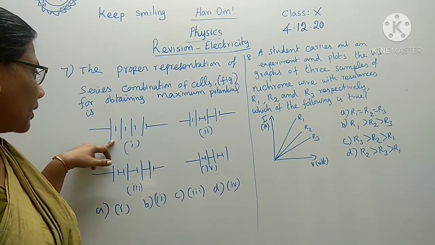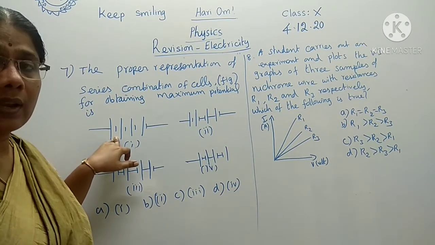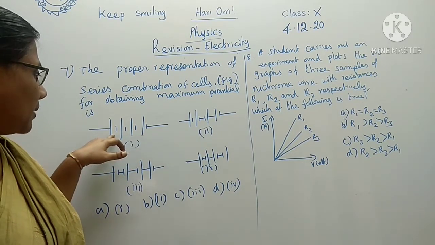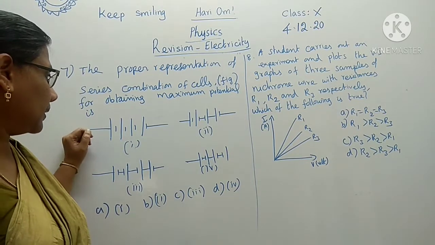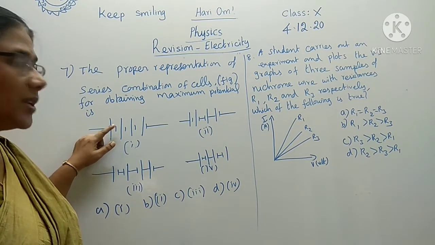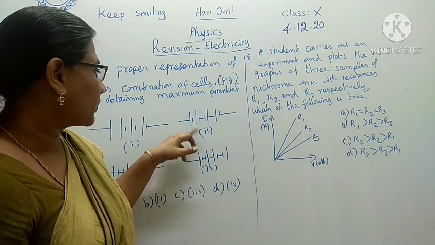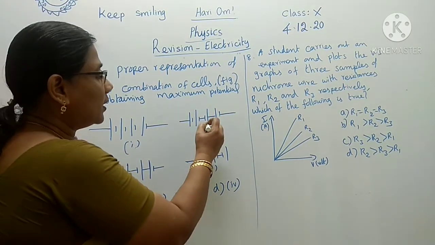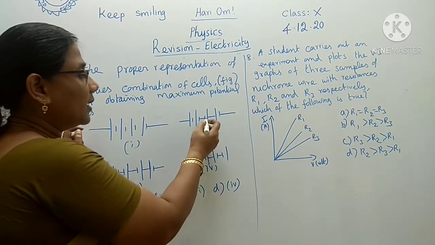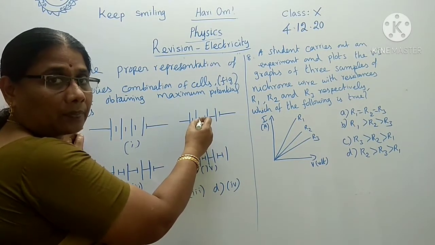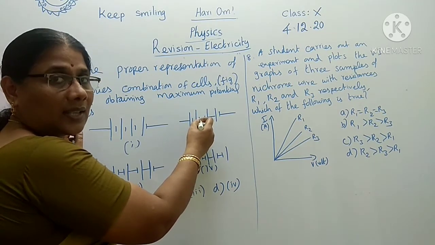Let's consider here the first cell has the potential V. Then here how many cells are there? For example, here 4 cells are connected, isn't it? 4 cells connected means we will get 4V. But here, see that the negative terminal of the third cell is connected to the negative terminal of the second cell.